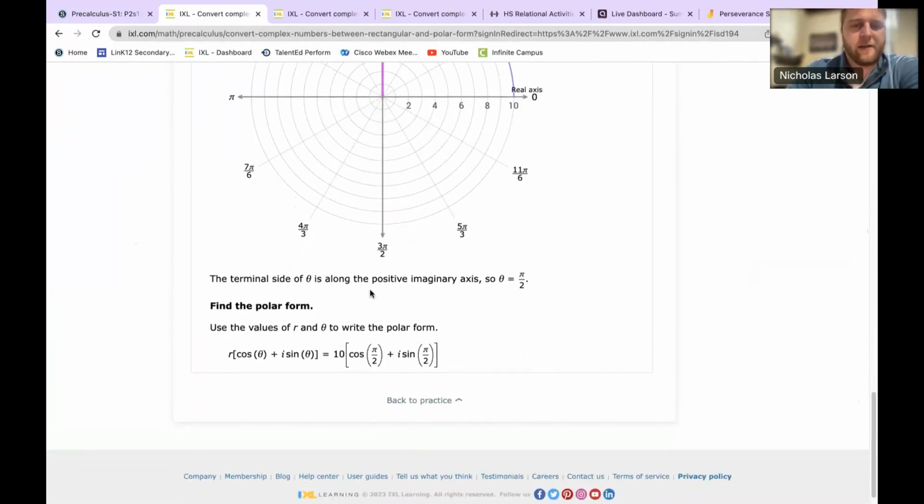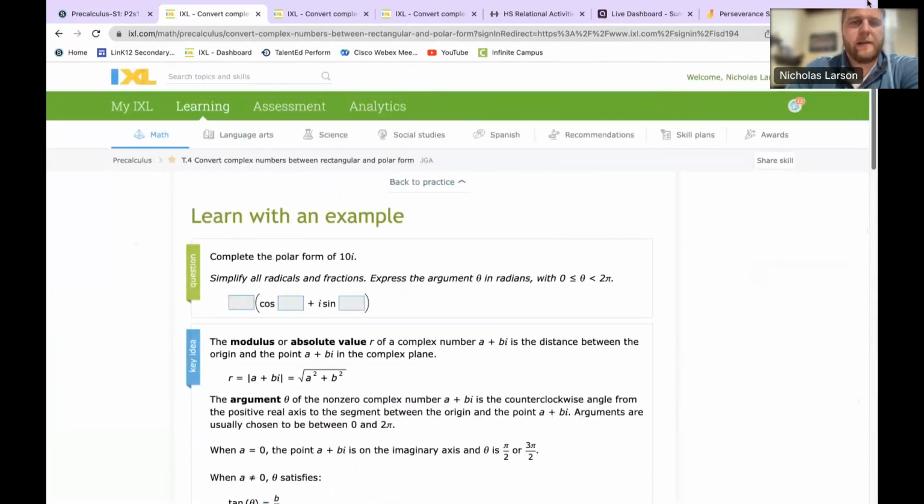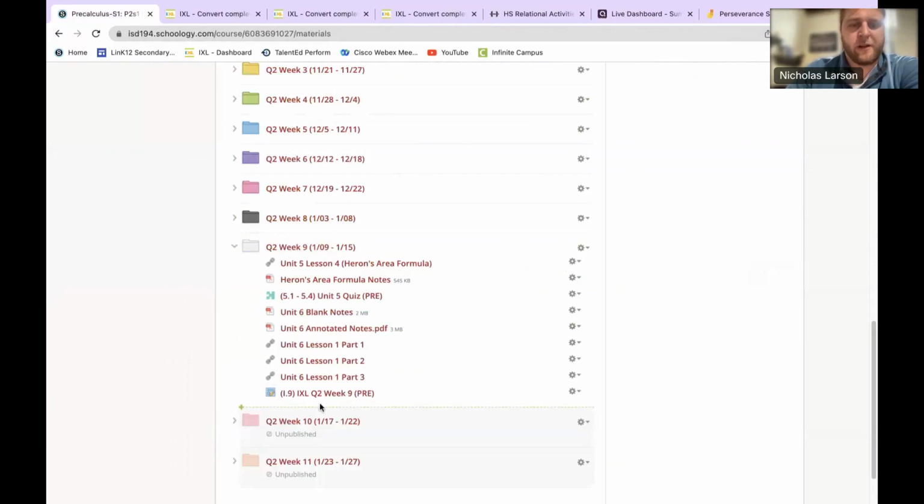The terminal side is positive, so theta is pi over 2. So what can I plug in? I can plug in 10, pi over 2, pi over 2. So that's a real quick introduction into Unit 6 and what we'll be working on and wrapping up here in the next 2 weeks.